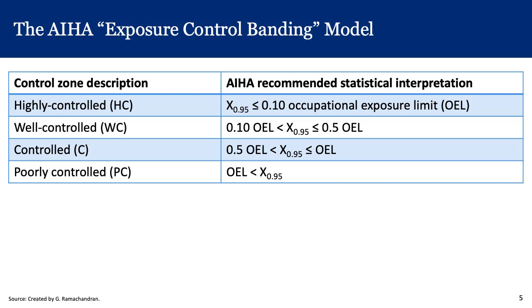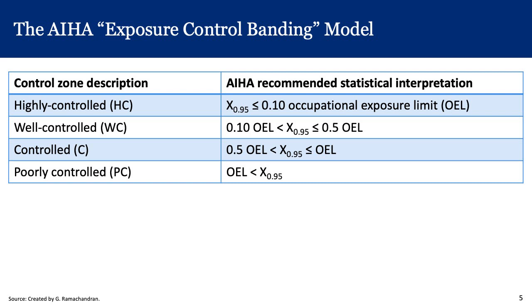If the 95th percentile is between 10 and 50% of the OEL, then we call that a well-controlled exposure control zone or exposure scenario. If the 95th percentile is between 50 and 100% of the OEL, then we call that nominally controlled or just controlled scenario. And finally, if the 95th percentile exceeds the OEL, we call that a poorly controlled exposure scenario.